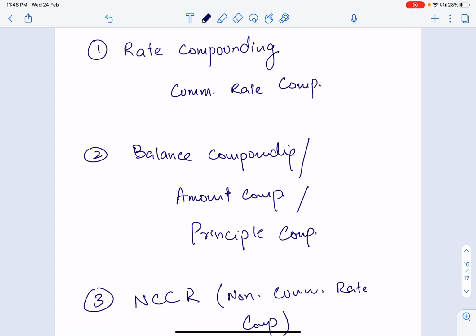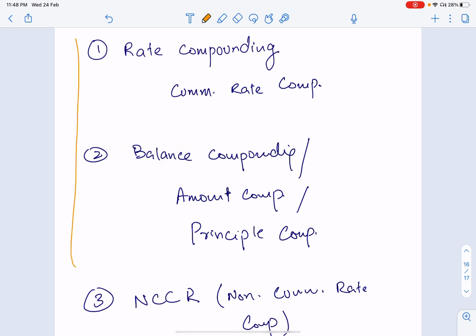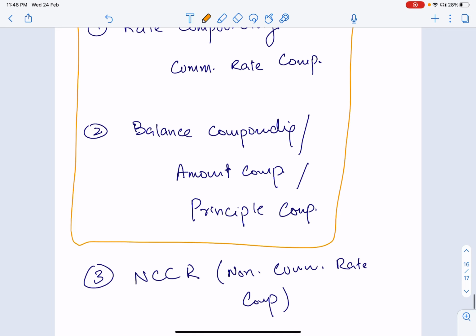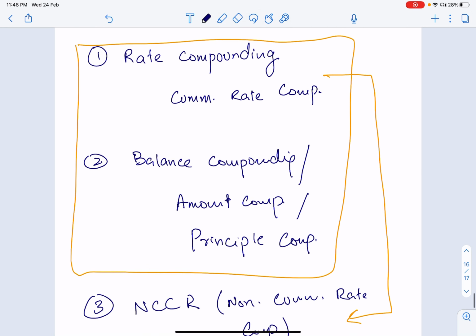So today we're going to focus on these two methods, and then we can briefly talk about how we can start from this and end up at non-cumulative rate compounding. So without wasting any further time, let's get into it.